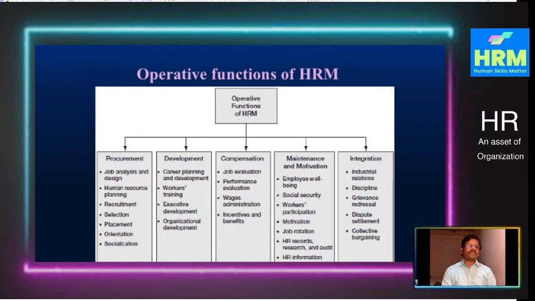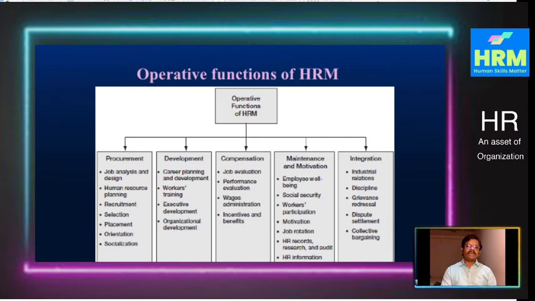Directing is related to motivating and providing leadership, directing them towards the organizational goals. And the last function, controlling, is to check whether we are properly moving towards achieving our organizational goals or not. That is verified with the operation of the last function, that is controlling.